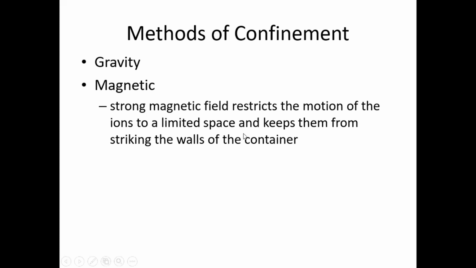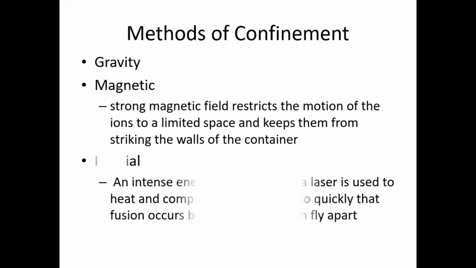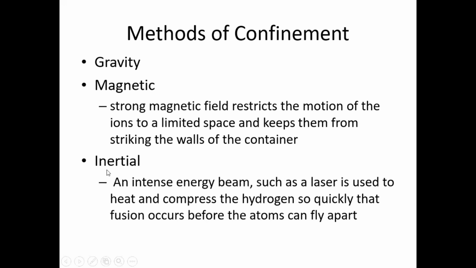So ions can be limited to a space, and electrons can be controlled, and you can keep them from striking the wall, and you also have the confinement. Then there is inertial confinement, in which an intense energy beam, such as lasers, is used to heat and compress the hydrogen so quickly that fusion starts occurring before the atoms can fly apart.